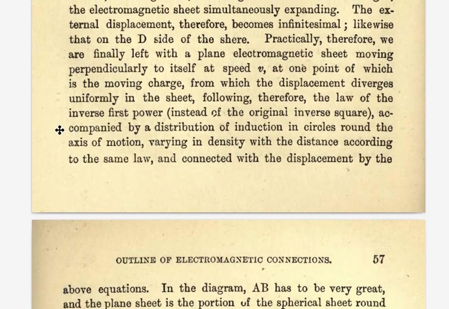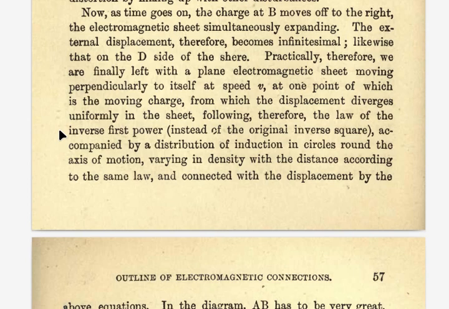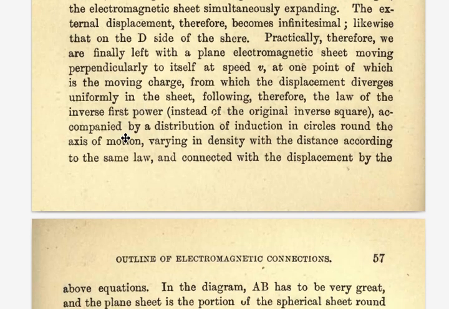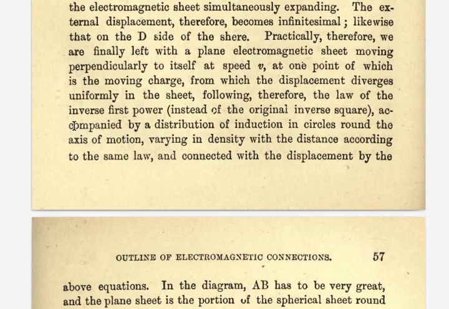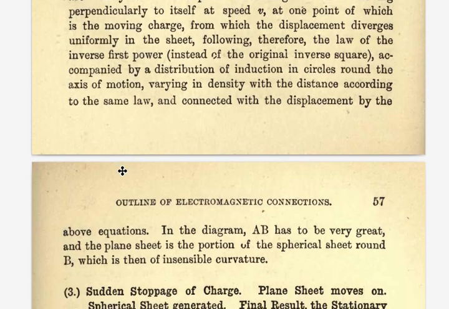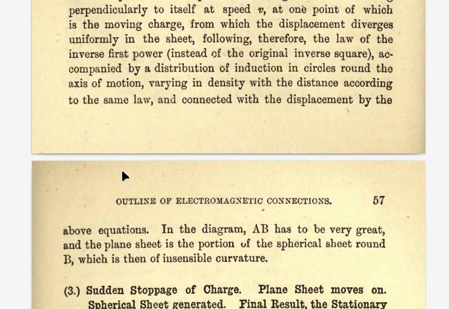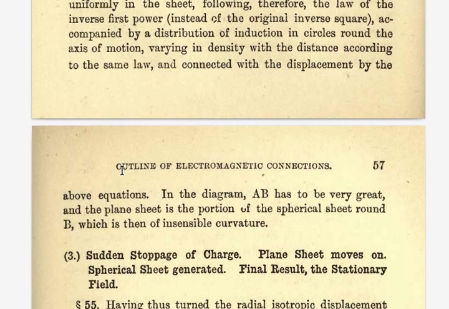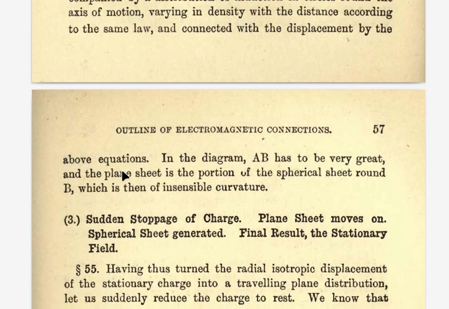Practically, therefore, we are finally left with a plane electromagnetic sheet moving perpendicularly to itself at speed v, at one point of which is the moving charge, from which the displacement diverges uniformly in the sheet, following, therefore, the law of the inverse first power instead of the original inverse square, accompanied by a distribution of induction in circles round the axis of motion, varying in density with the distance according to the same law, and connected with the displacement by the above equations. In the diagram, AB has to be very great, and the plane sheet is the portion DF of the spherical sheet round B, which is then of insensible curvature.